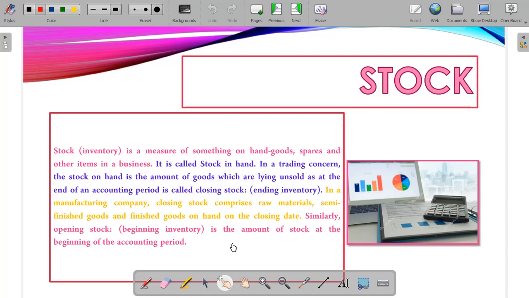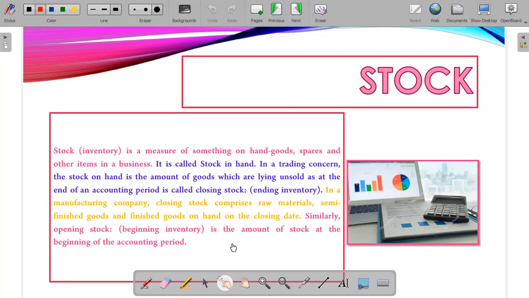They are the stock. Stock may be opening stock. Opening stock means the unsold stock in the beginning of the year. Stock can be closing stock, meaning unsold stock at the end of the year, right? Stock is basically the tangible asset for the business or current asset also.